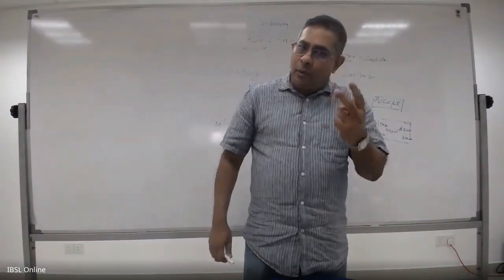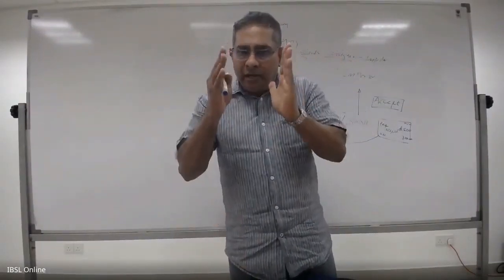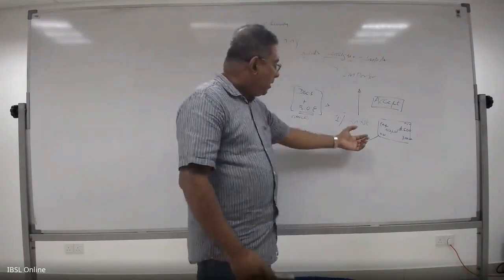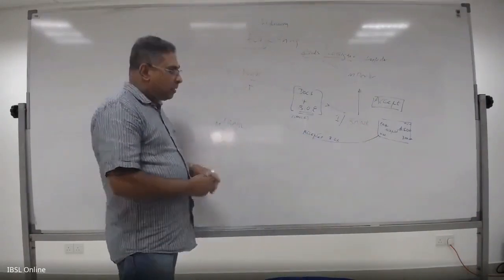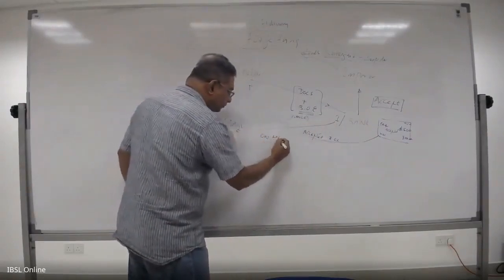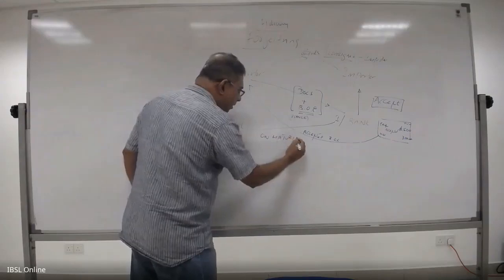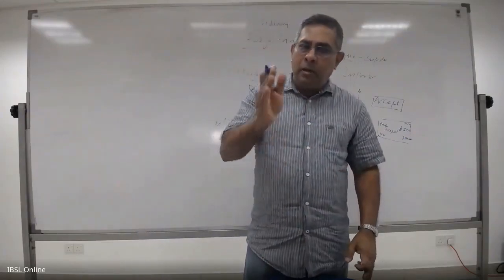Now the exporter has two choices. That is, wait until the date of maturity and get the payment from the importer's bank to his banker. So payment will be done on maturity. Maturity means when the payment falls due.